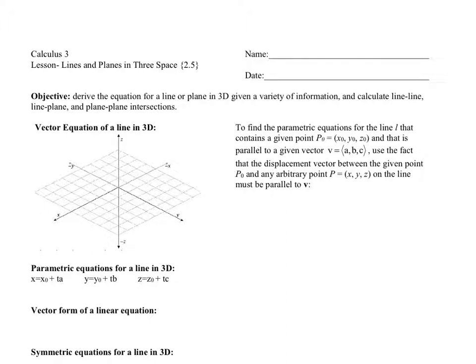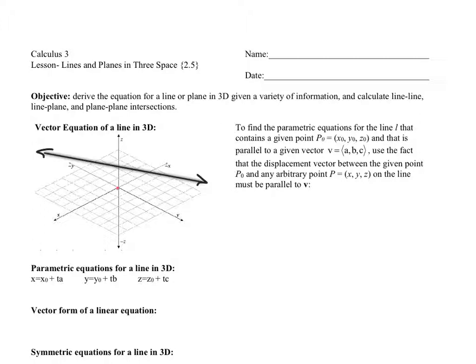So what that's saying is that you have some line in space. And I'll put some arrows on it. That line, by definition, has to be parallel to some given vector.